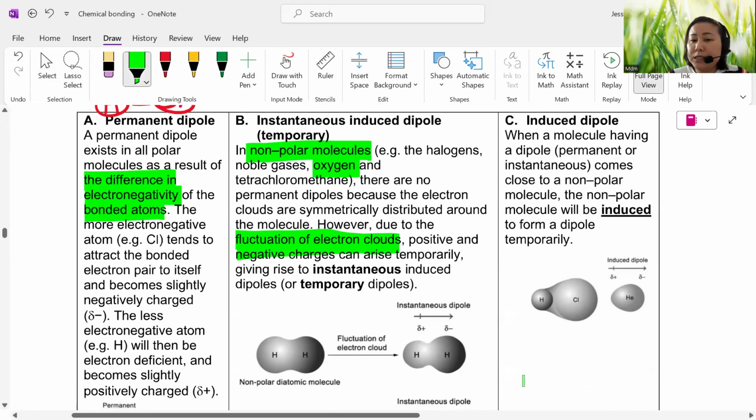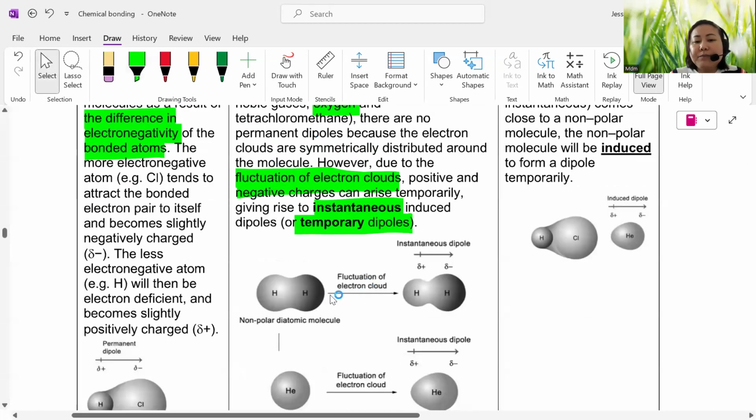When that happens, for a moment, there could be a positive and negative charge arising on the molecule. This gives us a temporary dipole, or an instantaneous dipole, that occurs for a very short time.